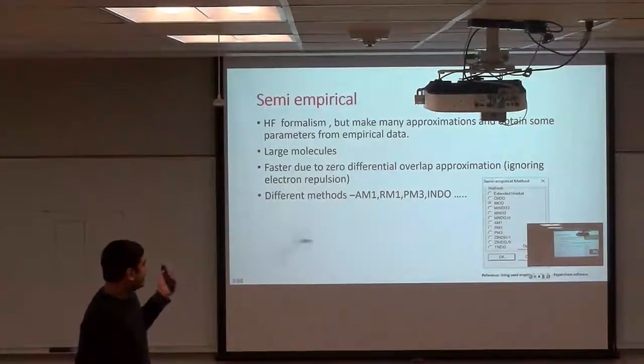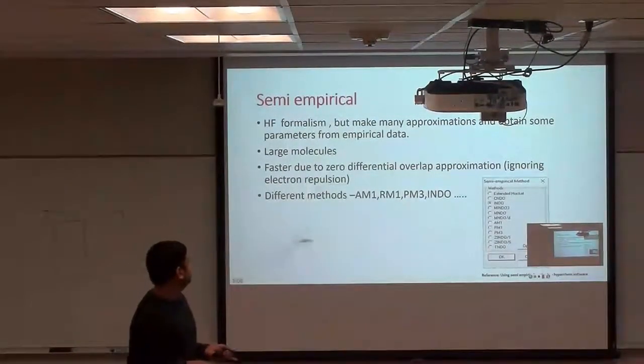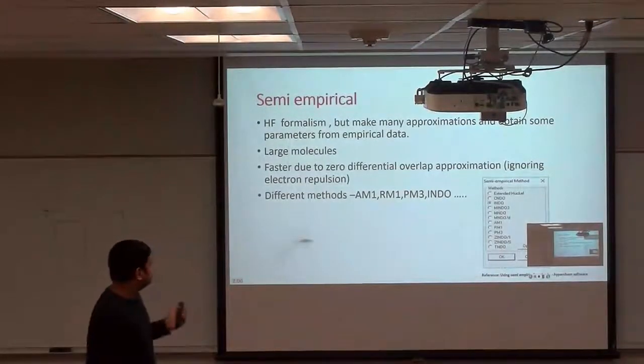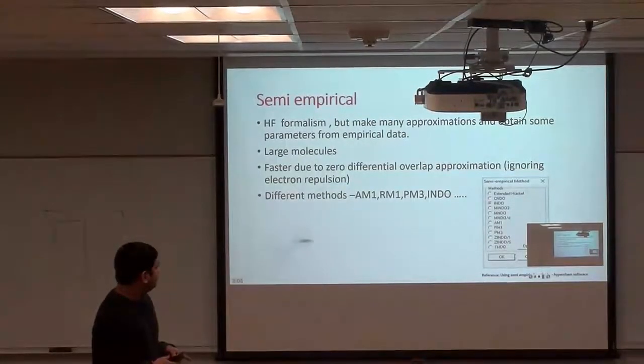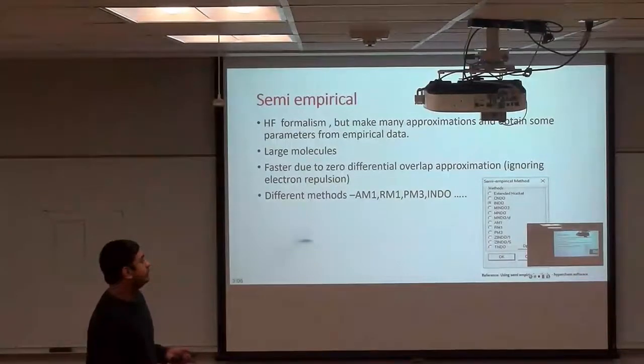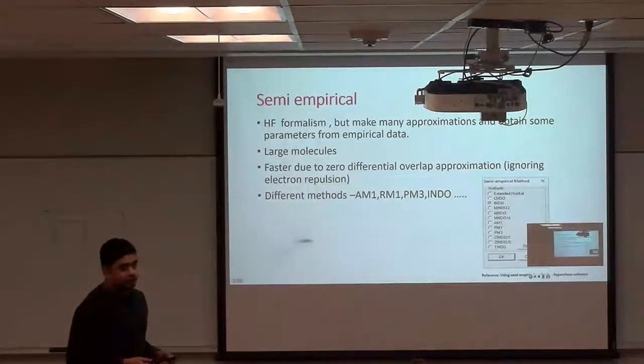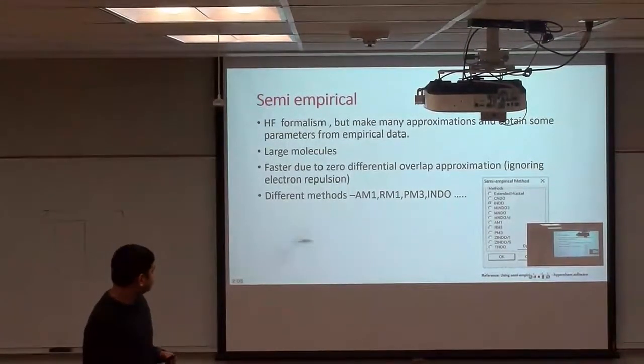And this is another electronic method. It is not a semi-empirical. So it's based on HF formalism, Hartree formalism. But the beauty of this is that it can calculate large molecules, and the approximation is based on some empirical data also.